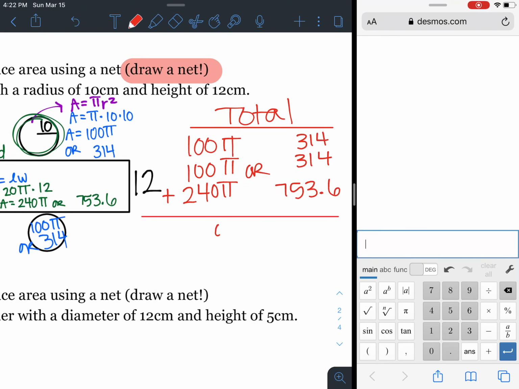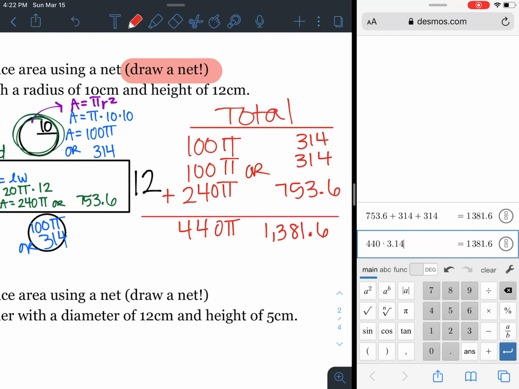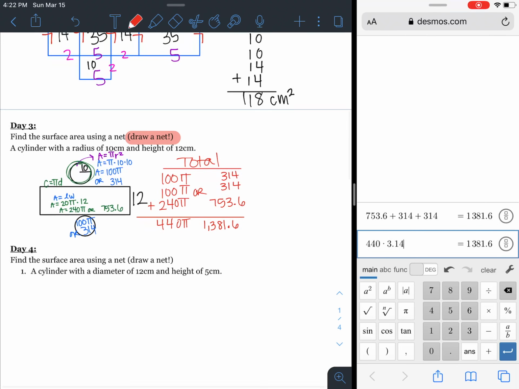If I leave it in terms of pi, 440 pi, or 753.6 plus 314 plus 314, 1,381.6. If I double check 440 times pi, same answer. That's it for day 3.